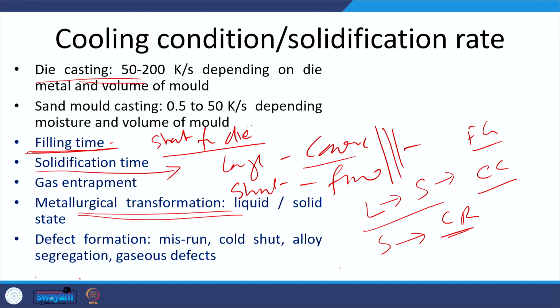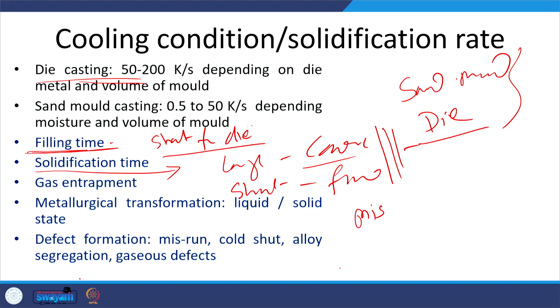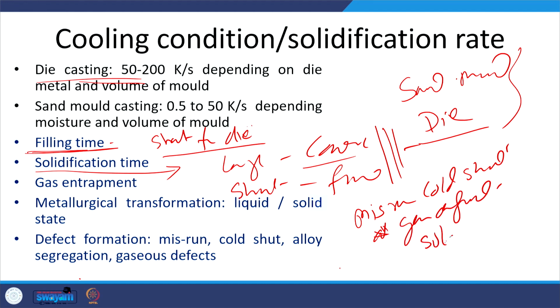Now, as far as defect formation tendency is concerned, it is very different in the two processes. In sand mold casting and die casting, the kinds of defects which are formed are significantly different. Due to the high cooling rate imposed during die casting, the common problems are misrun tendency, cold shut formation tendency, gaseous defect formation tendency and soldering tendency.